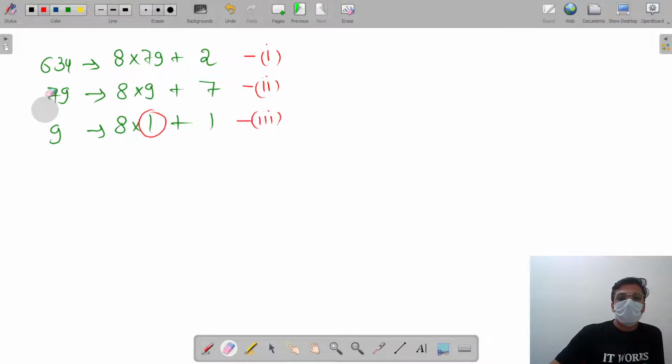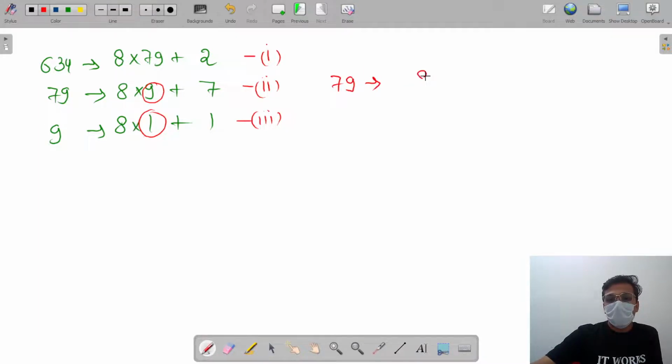After that, when we replace the value of 9 here, 79 is going to be 8. After replacing the value of 9, we get our expression as 8 into 1, 8 into 1 plus 1, and after replacing 9, we have our plus 7.